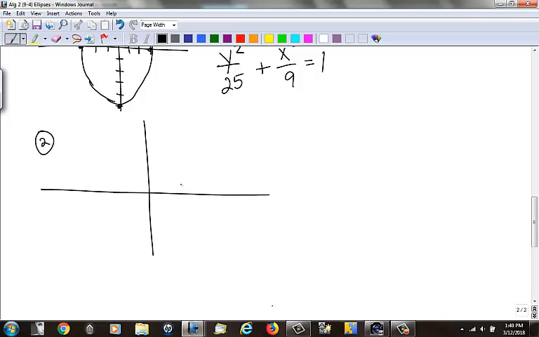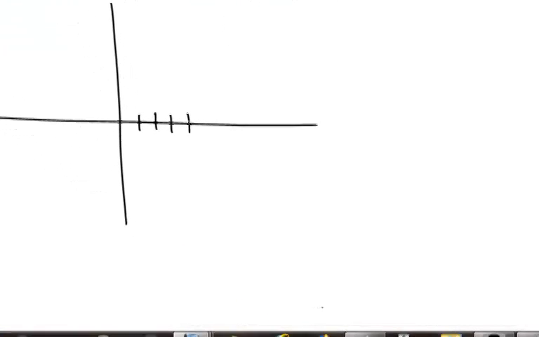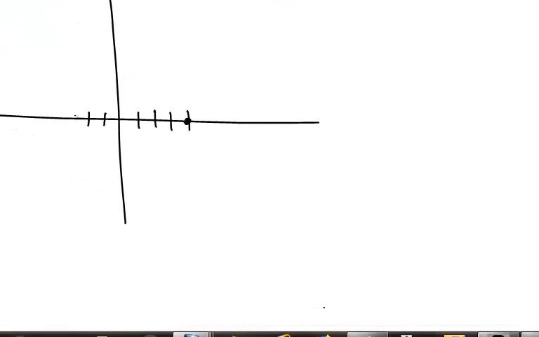On this one, still centered at 0, 0. On the x, go out 4 and negative 4. Put your vertices. On the y, go up 2 and down 2 to put the co-vertices. Draw a smooth curve. Ellipse.